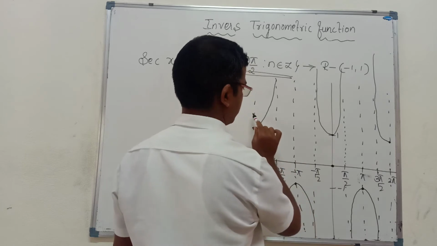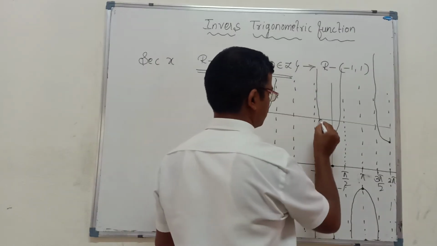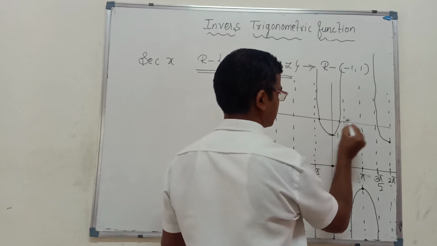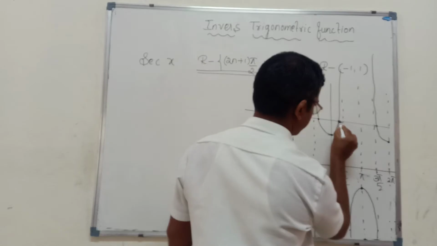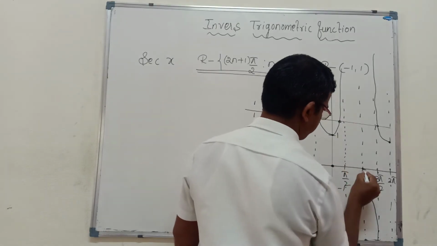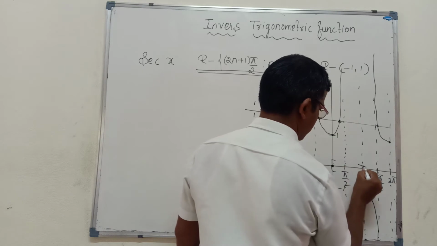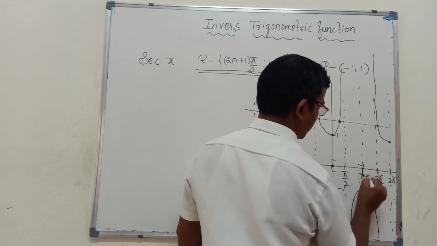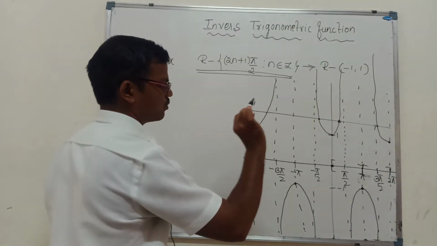So if you draw a parallel line for this, here it comes to know two points, and we have to divide at which interval it is cutting. 0 to pi, pi to 2 pi. In this interval this function cuts only one point.